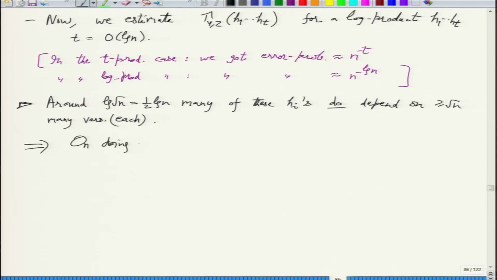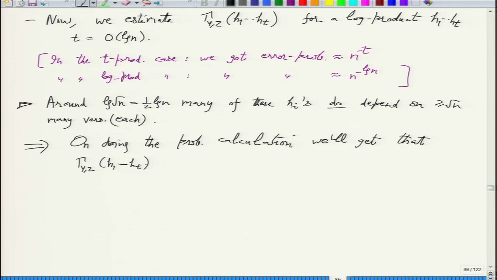So on doing the probability calculation, we will get that gamma of h1 dot dot ht is high with probability smaller than this, which is multiplied by s.